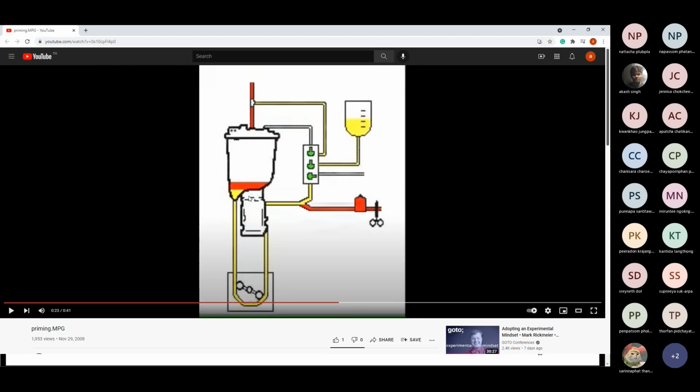At this time, you might run the pump slowly to drive the priming solution into the collection bag here.